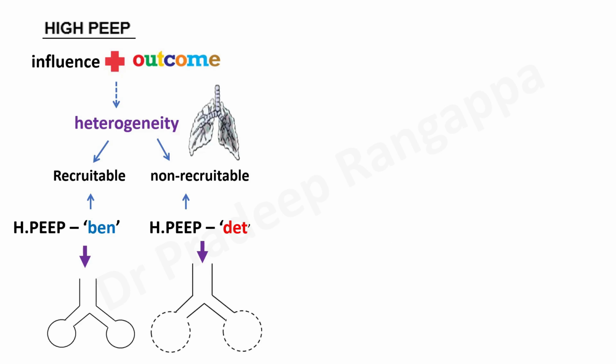So let us look into the landmark trials which have compared high PEEP and low PEEP, and all trainees should know at least the names of these trials. All these trials came at around 2004 to 2008. The first trial, which came in 2004 from the US group, the ALVEOLI trial, looked at 549 patients with ARDS comparing high PEEP versus low PEEP.